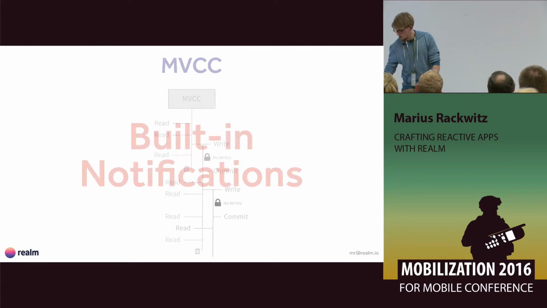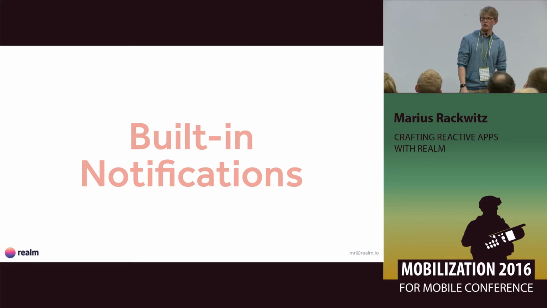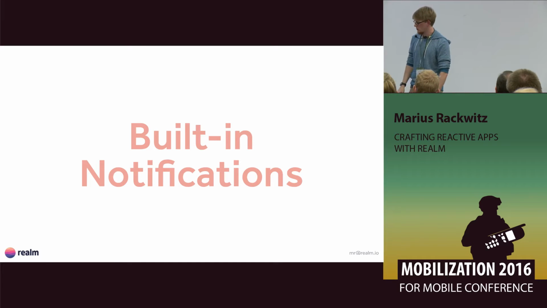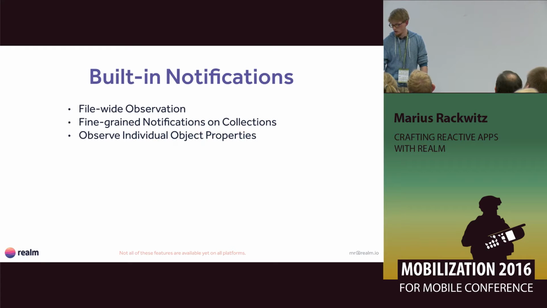And on the basis of that, we can have built-in notifications in the database. Whenever something is happening to your database, you can hook in and wait for specific events. And these are possible on a wide range of granularities. So we have file-wide observations, which seem to be pretty simple.